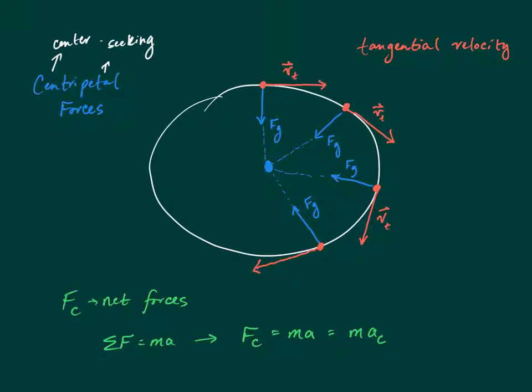So centripetal acceleration is still the rate at which tangential velocity changes. However, we need to make sure that we know that the centripetal acceleration is changing the direction of that tangential velocity.